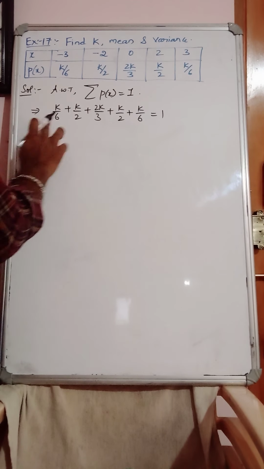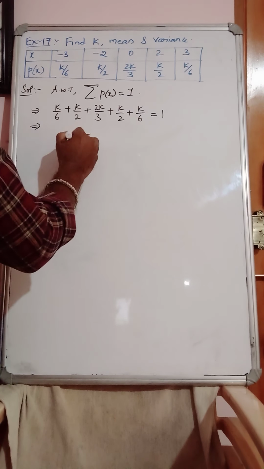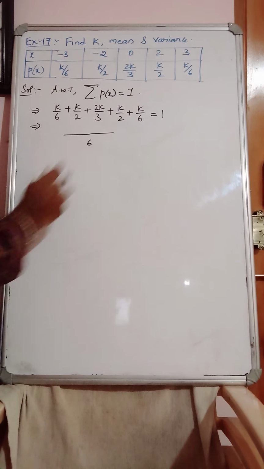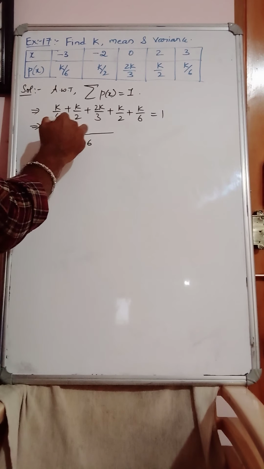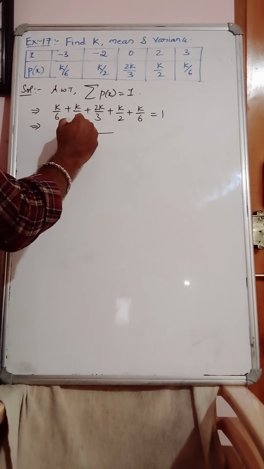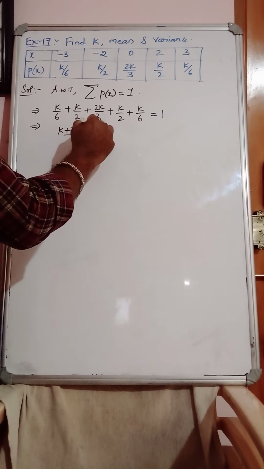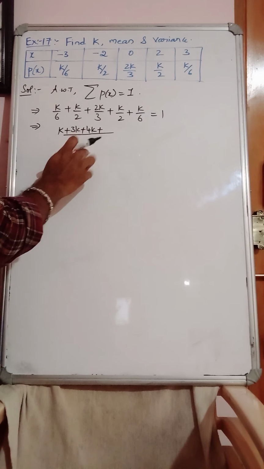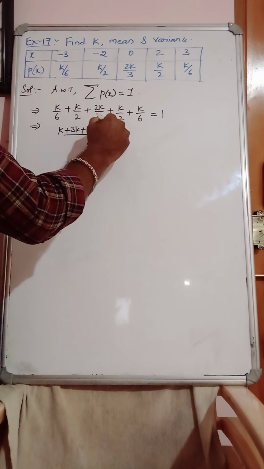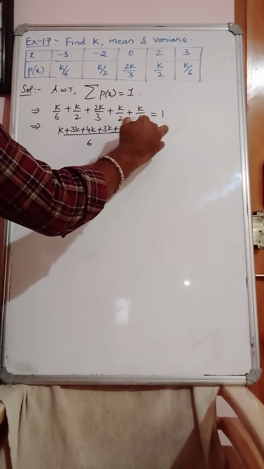That equals to LCM, how much will it be? 6. 6 how many times? 1 time, k, plus 2 how many times? 3 times, 3k, plus 3 how many times? 2 times, 4k, plus 2 how many times? 3 times, 3k, plus 6, 1 time, k.